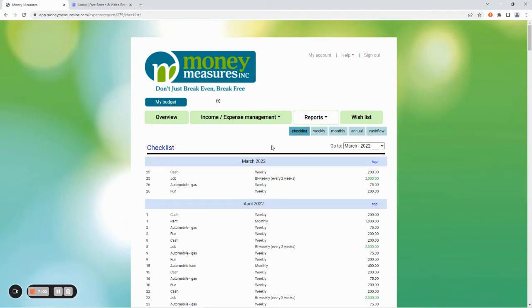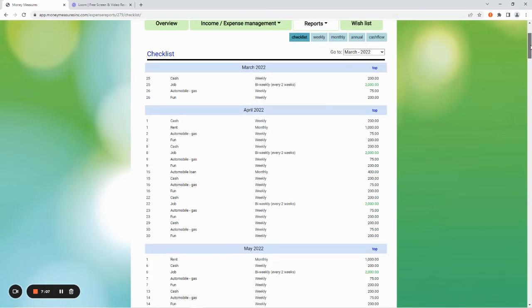There's a checklist that you can do a quick scan through to see if there's anything that jumps out at you that hasn't been entered.